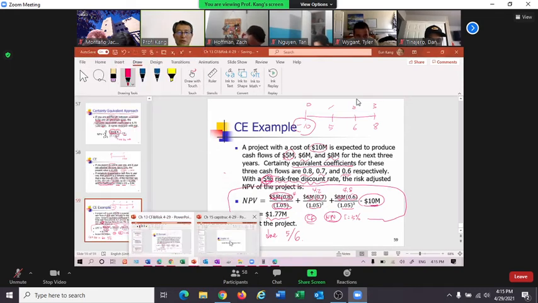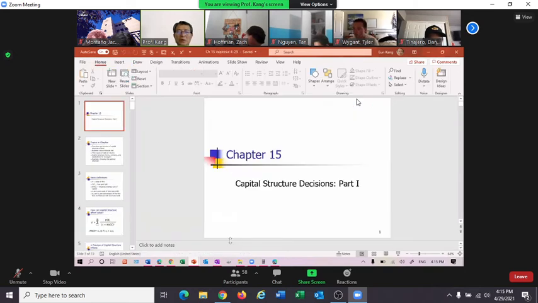Next, chapter 15, capital structure decisions, part 1. You know, in 304, we didn't spend much time on capital structure. This is more advanced stuff. So in 404, we just have 2 chapters.